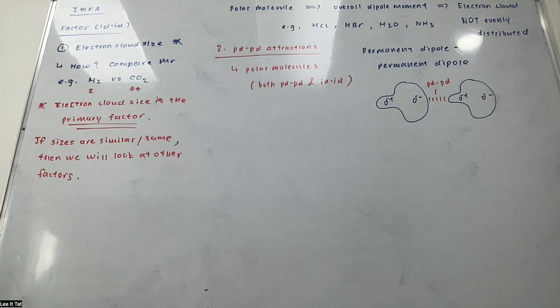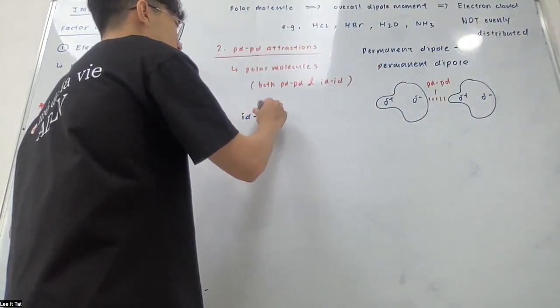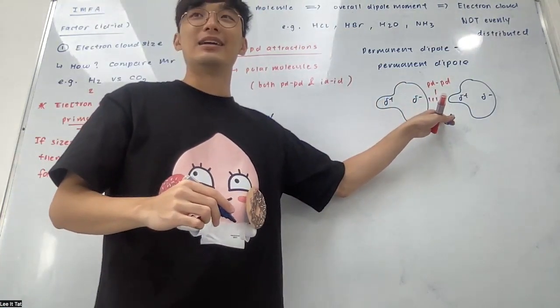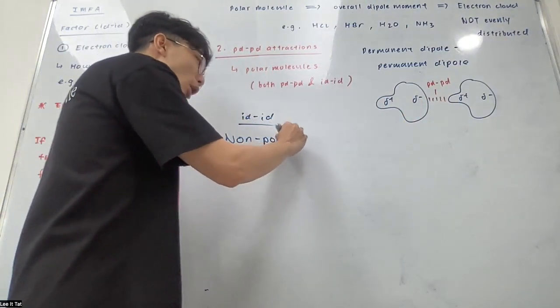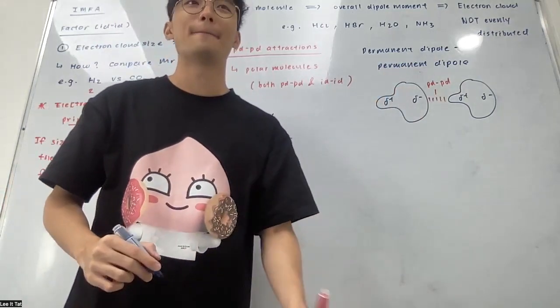Okay. So I just want to bring back ID. Just now, guys, when we look at ID attractions, did it already start like this? ID is for non-polar, right, guys? Does non-polar have this uneven distribution?